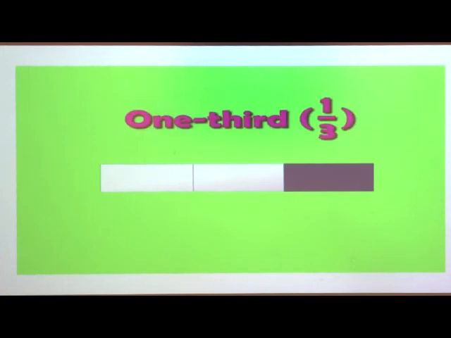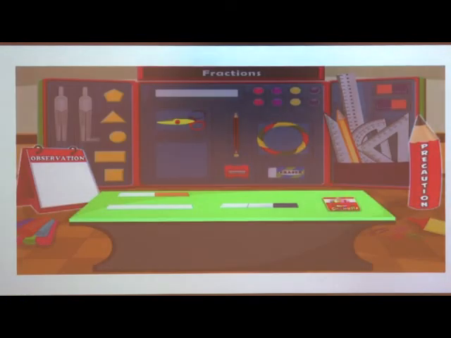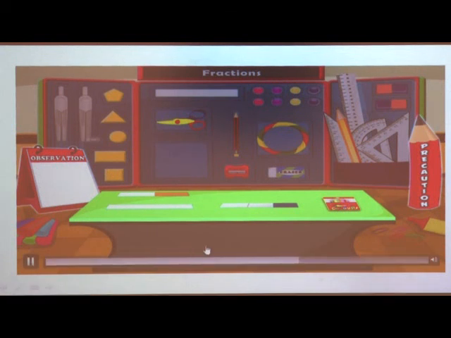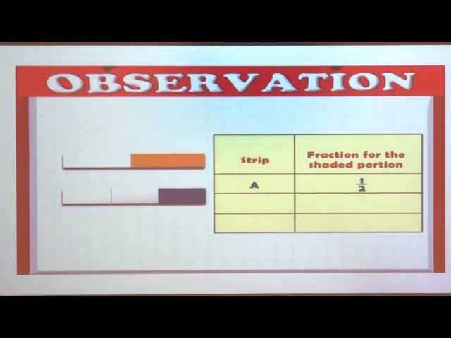Since only one part out of 3 has been shaded, the shaded portion is the 1/3 part of the whole. Let's record our observation in the observation table. Each part of the strip B represents 1/3 of the whole strip.